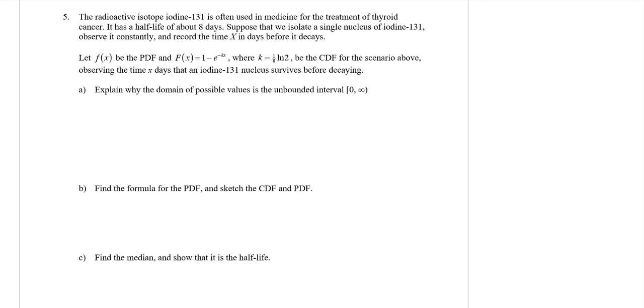Where are all the scientists in the room? Do we love this question? No, we don't like this question. Okay. Explain. Oh, it gets better. Explain why the domain of possible values is unbounded in the interval 0 to infinity.